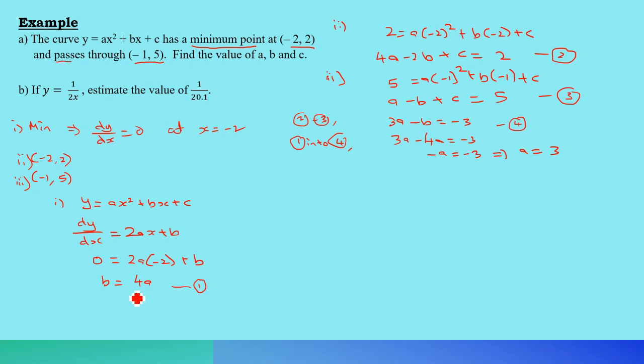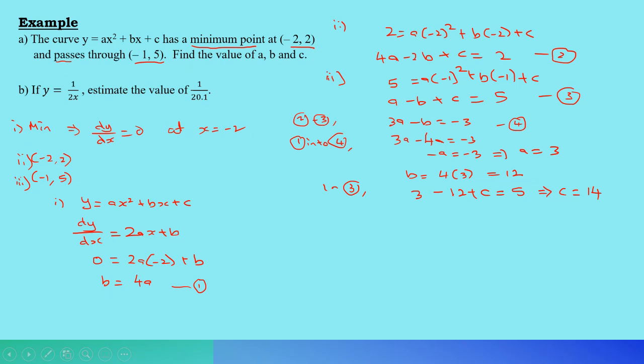Since we know b is 4a, b equals 4 times 3, so equals 12. And using equation 2 or 3, you can find c. Let's say we use equation 3. You will have a, which is 3, minus 12 plus c equals 5. So from here, you can find your c. Bring it across, negative 9 plus 5, so you get 14. So that's the answer for your a, b, c.